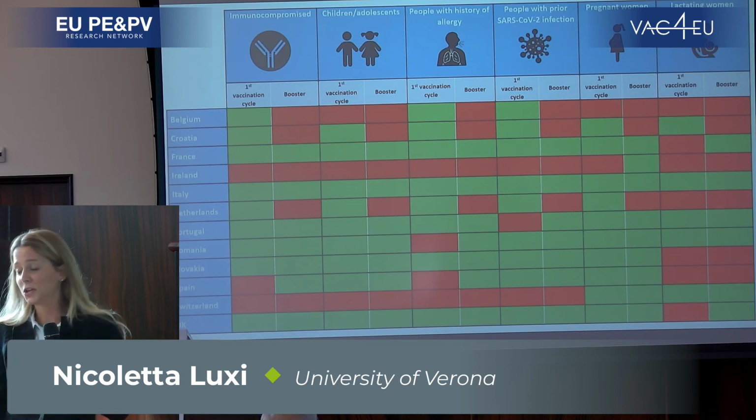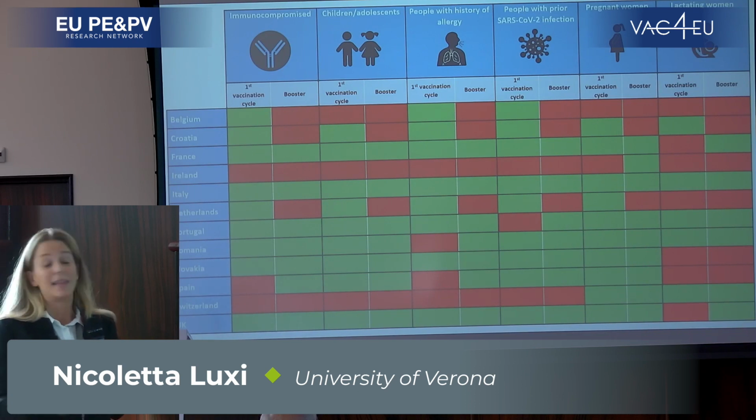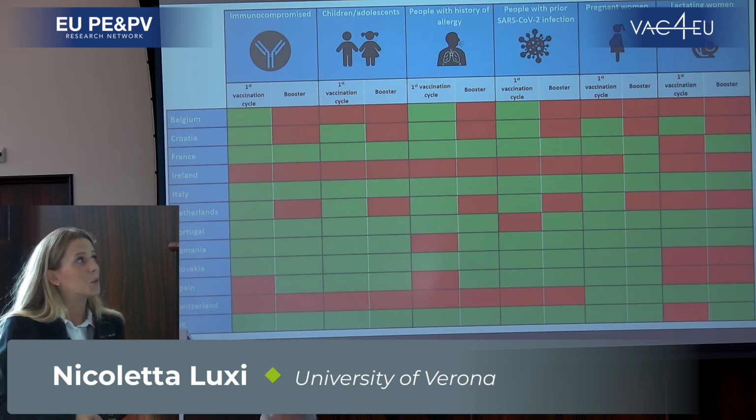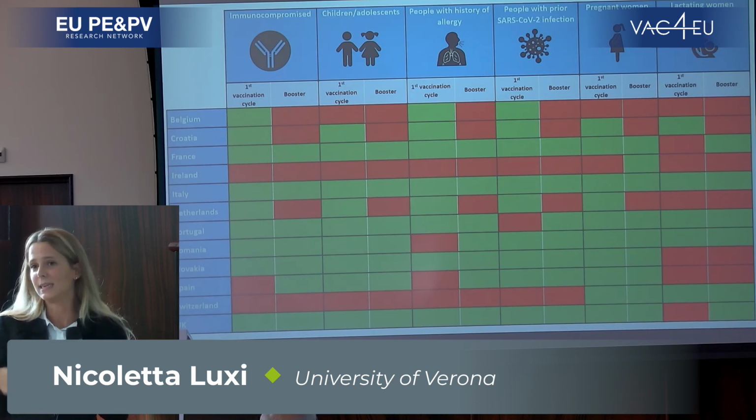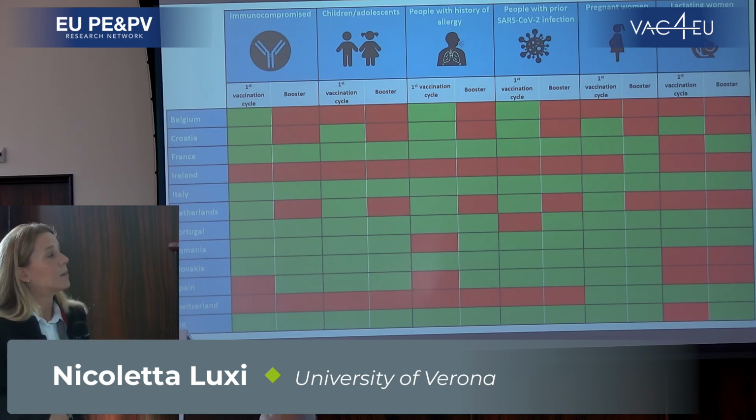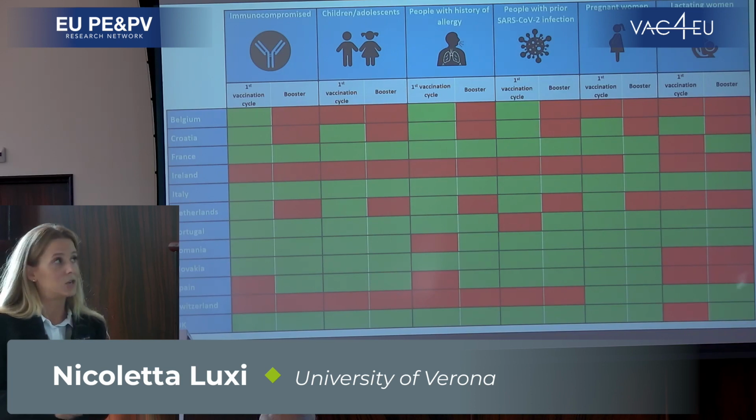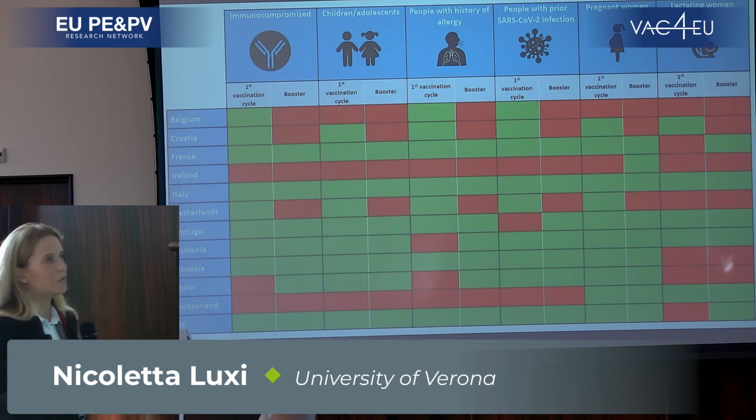Meaning that the questionnaires and the web app were adapted and translated in several languages, but also we had different monitoring at the first vaccination cycle and then the booster dose, and different contribution of the countries by dose and by cohort.